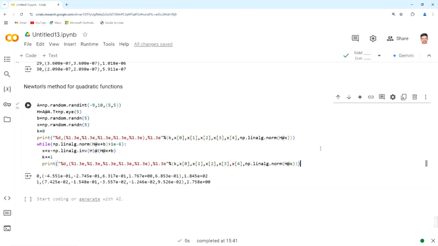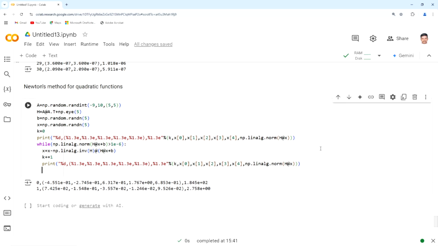I will also print H inverse b in order to prove that we have got the same answer.